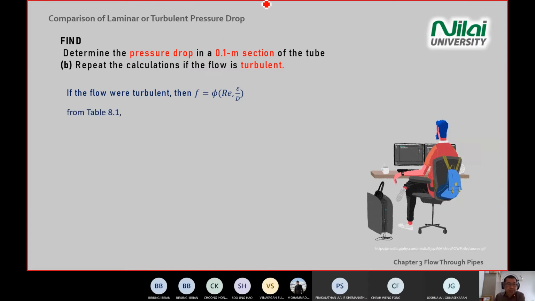What this mathematical equation means is that when the flow is turbulent, the friction factor is only influenced by these two parameters: the Reynolds number and also the right hand side axis of the Moody chart, which is the surface roughness divided by D ratio.